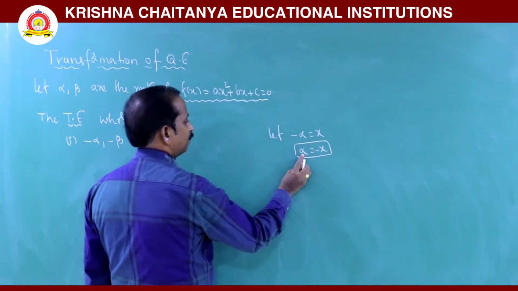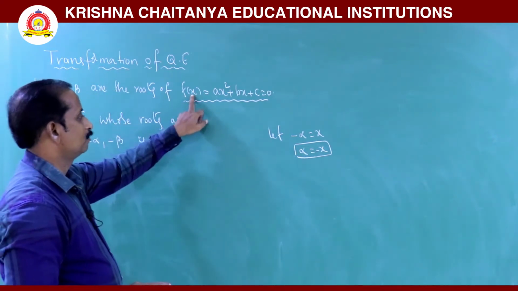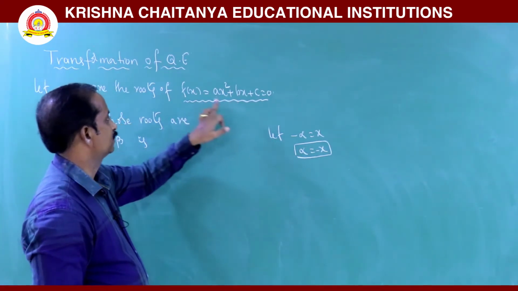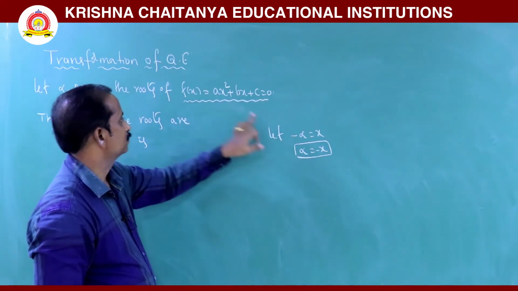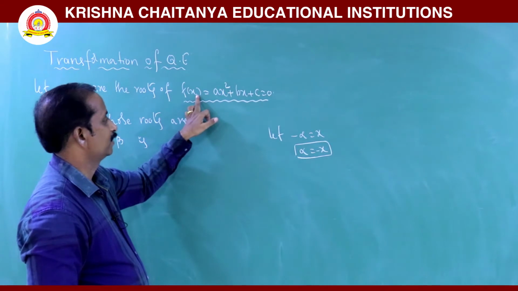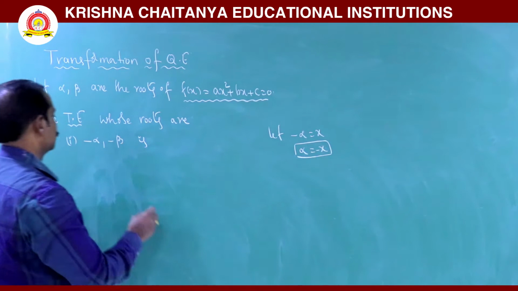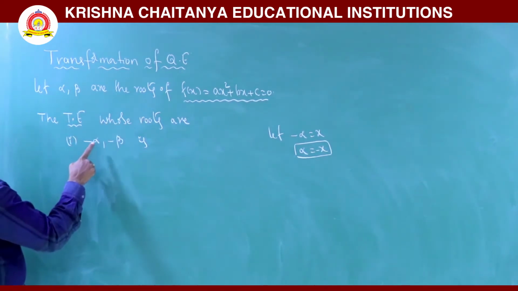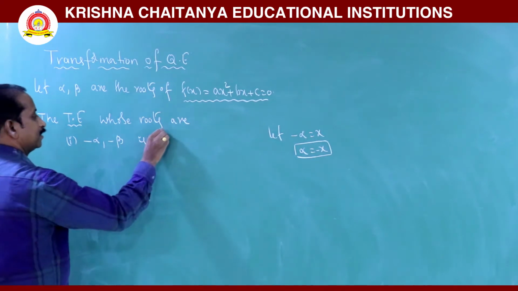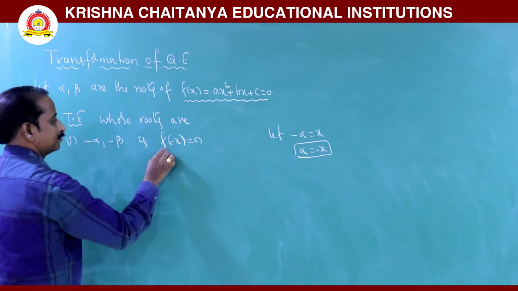But alpha is the root of this equation. Root means it satisfies the equation, means f of alpha is equal to 0. F of alpha is equal to 0 means alpha is minus x. So the transformed equation whose roots are minus alpha comma minus beta is f of minus x is equal to 0.